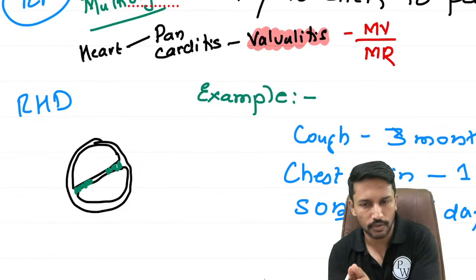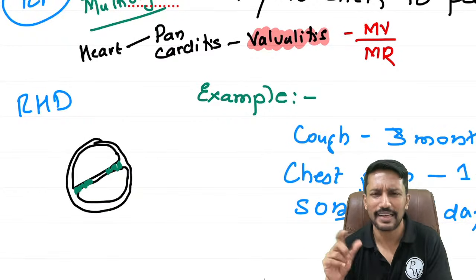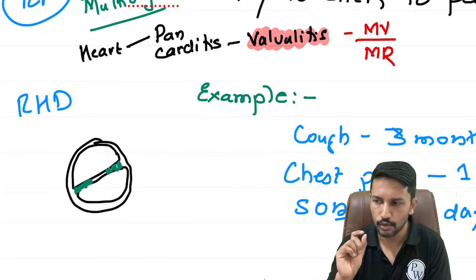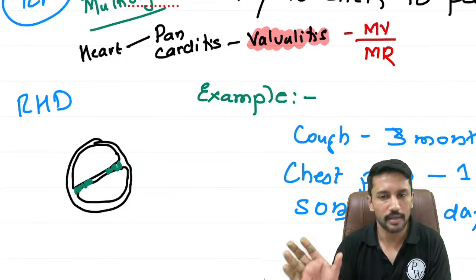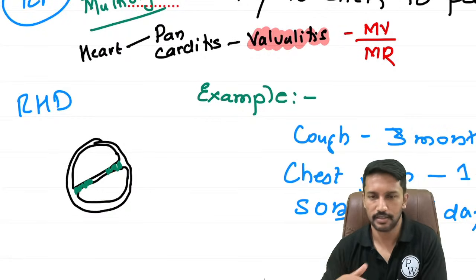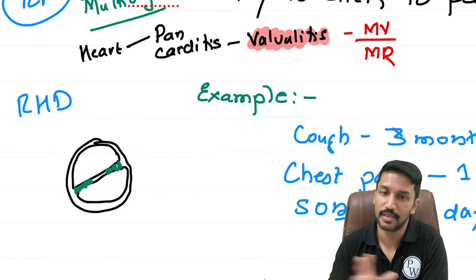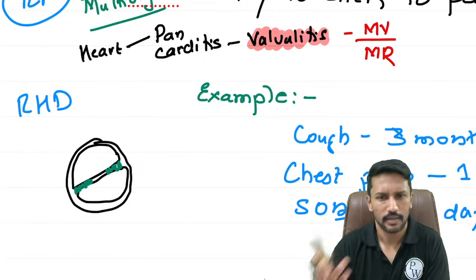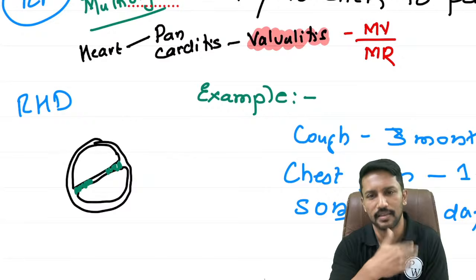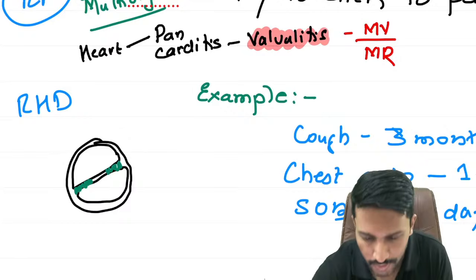If there is no weight loss, TB or cancer become relatively less likely, right? Absence or presence of one feature never completely rules out a disease. Just because someone is not losing weight doesn't mean that he is not a case of TB or lung cancer. But if he is losing weight, it becomes likely that it is TB or lung cancer. We should always keep this in mind.